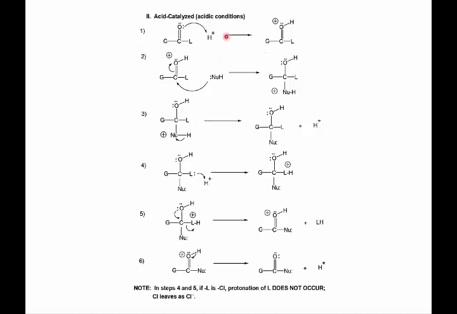Step one, the H+, the catalyst, bonds to the carbonyl oxygen. All right. Now, that's going to facilitate detachment of the nucleophile because the positive charge on this carbon increases. That increases the concentration of this species here.